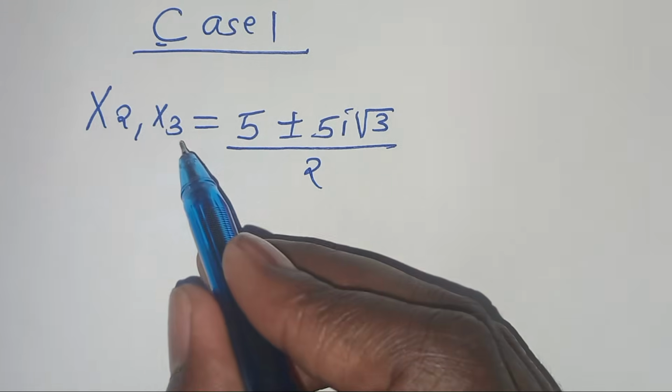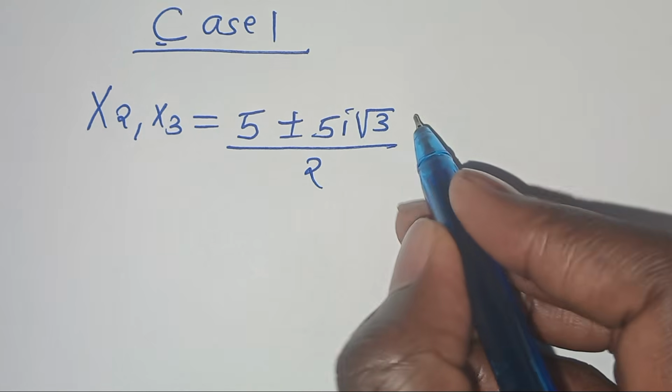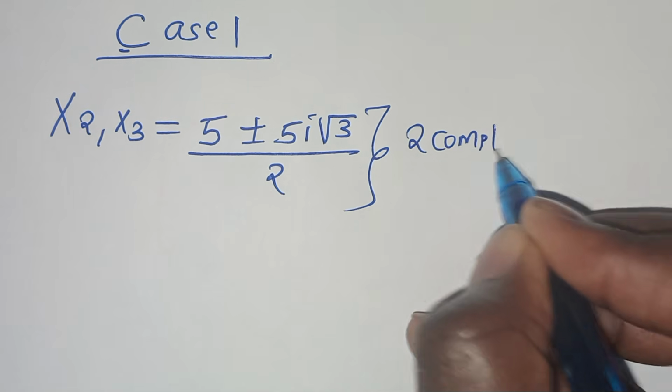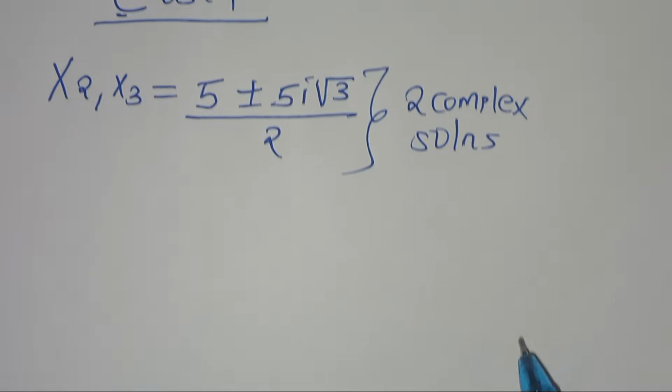So x2, x3 is 5 plus or minus 5i square root of 3 over 2. These are two complex solutions under case 1.